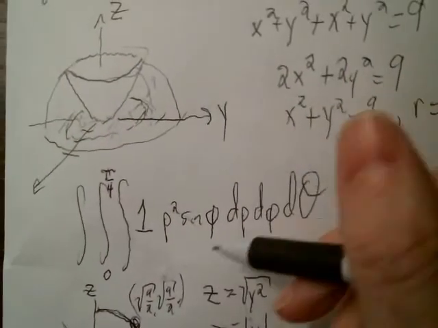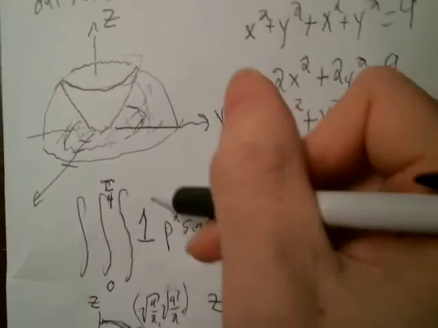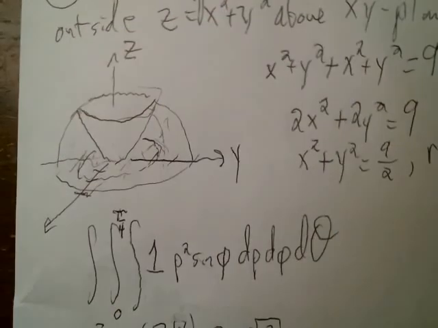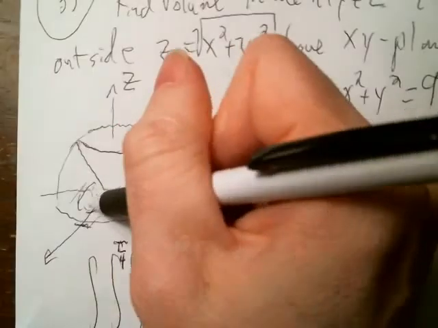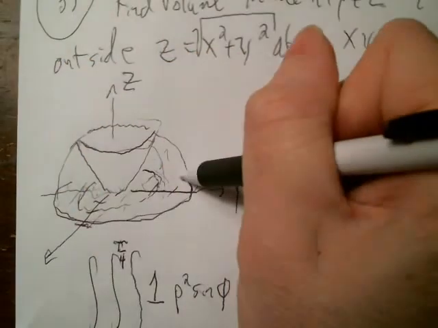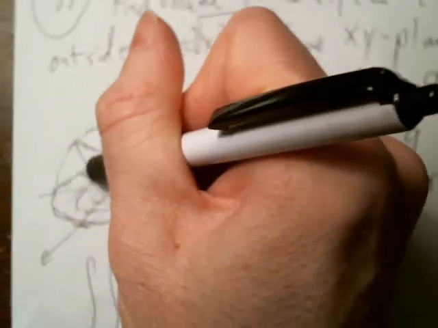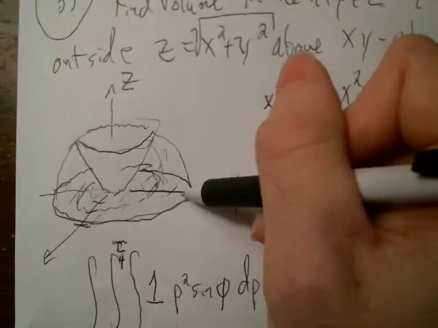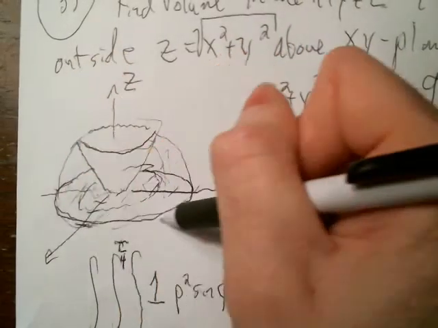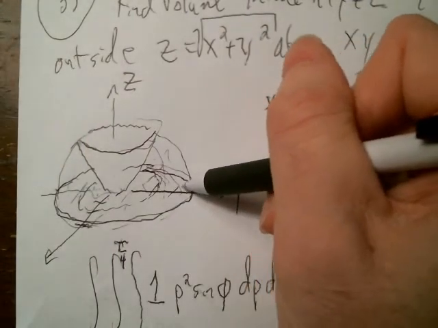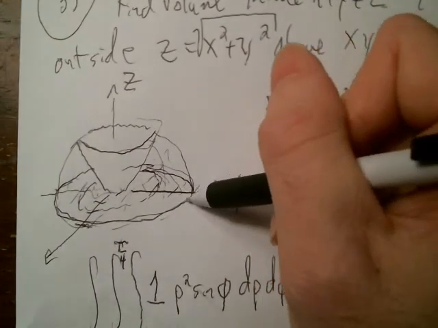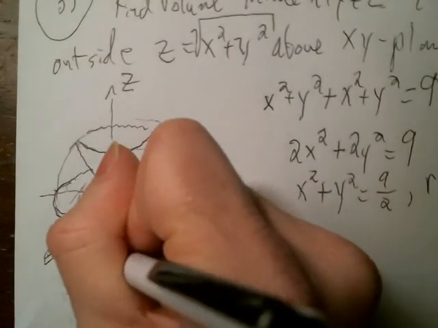The theta part, well, are we dealing with the whole thing? Yeah, we're dealing with the whole region and the underneath the hemisphere. Theta is being traced out from 0 to 2 pi.